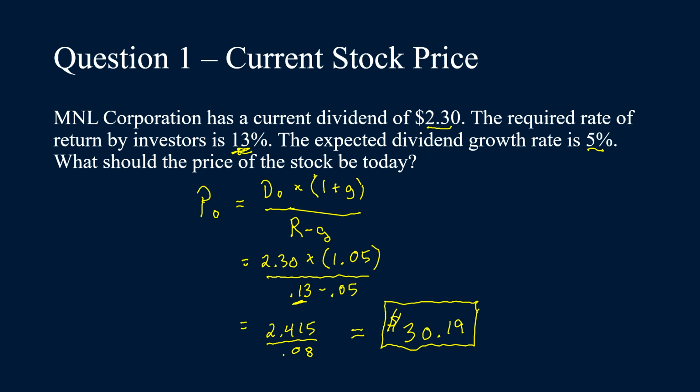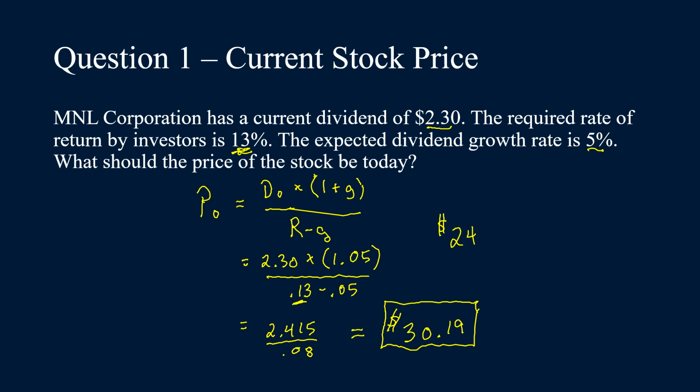So what would you do with this information? You now know that the price should be $30.19. Well, you go onto yahoo.com or Wall Street Journal or some other financial website. You look up the current price of the corporation, and let's say you see the stock is selling for $24.